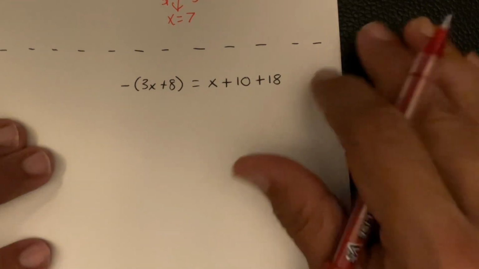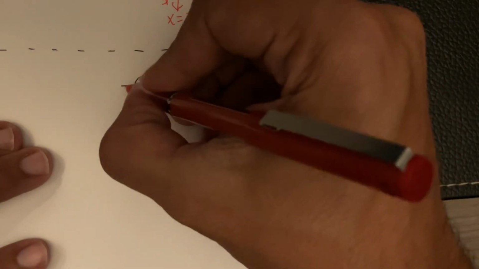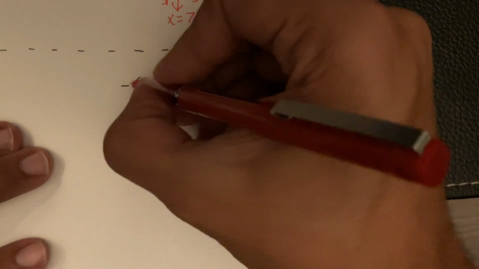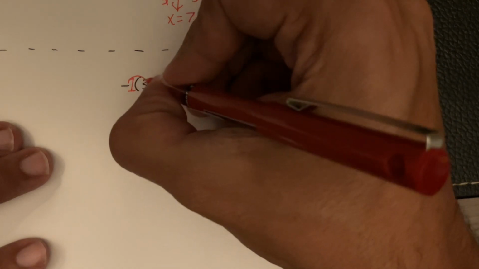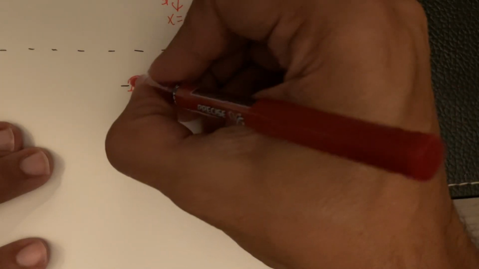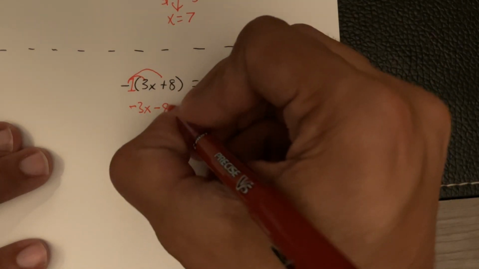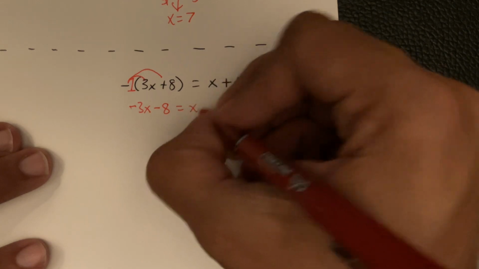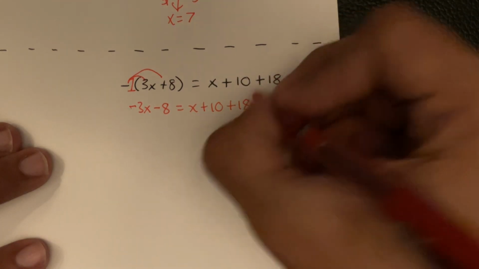Now we're over here. Now we're going to do the distributive property over here first. Remember this minus sign next to here actually has an invisible 1 here. So negative 1 times 3, that's negative 3x. And negative 1 times positive 8 is negative 8 equals x plus 10 plus 18.